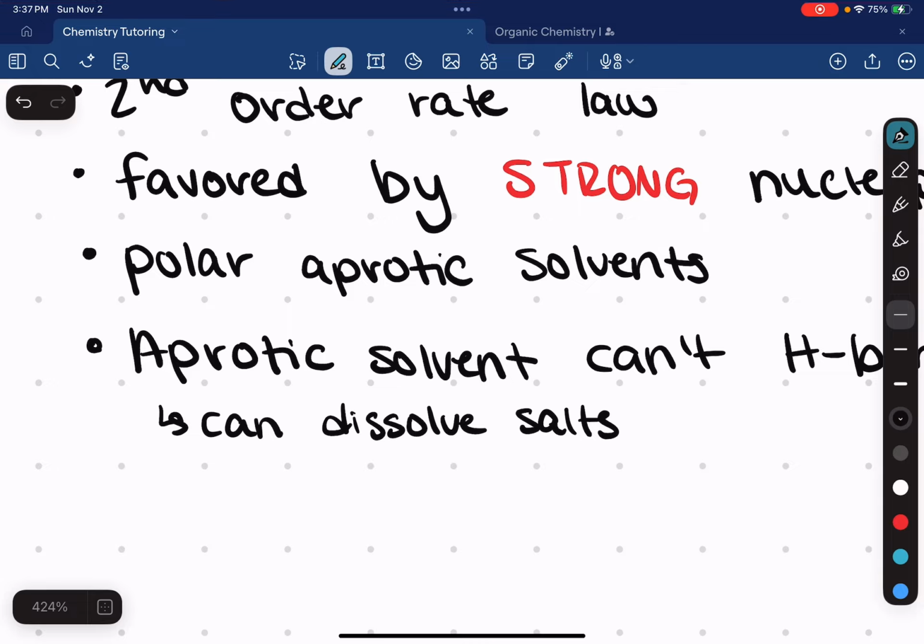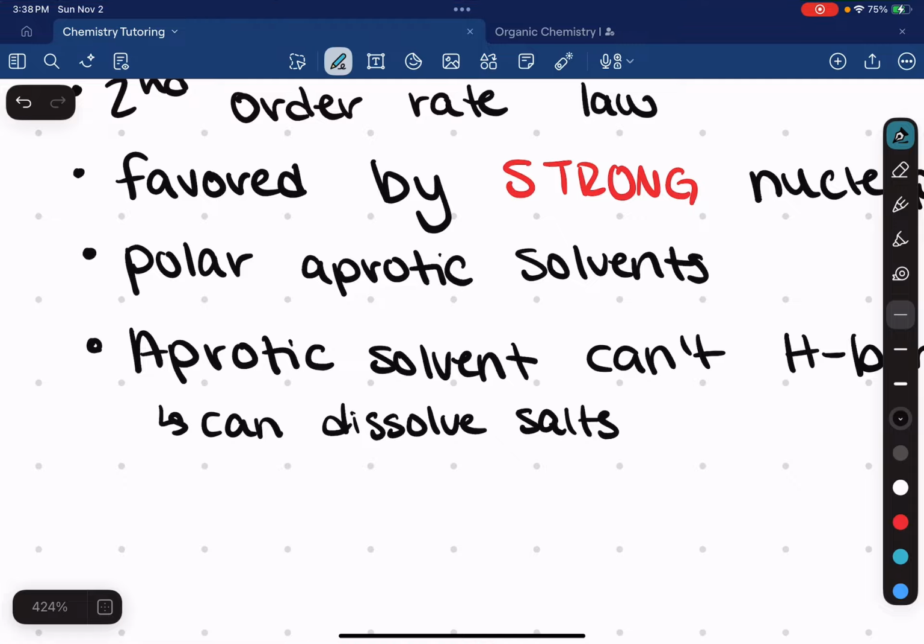All right, so it's kind of the opposite of a nucleophile, right? So the weaker the base, the stronger the nucleophile. But it's looking at nucleophilicity, so how much.